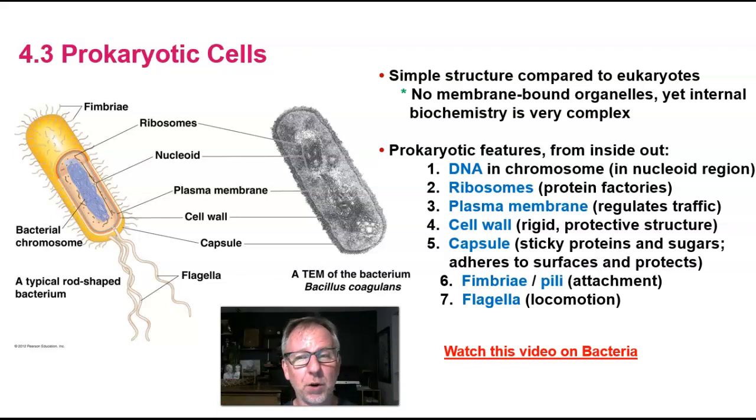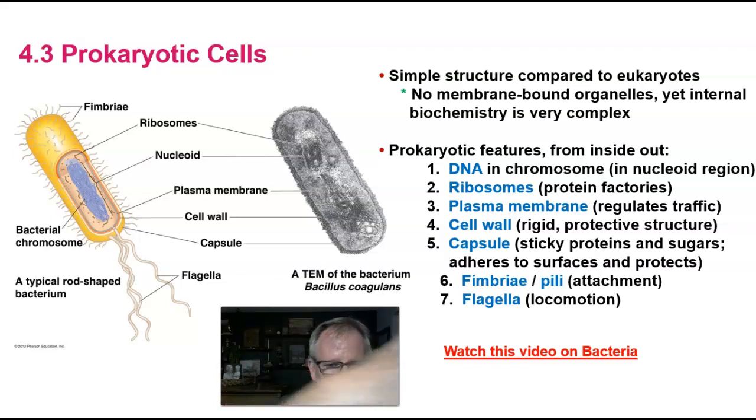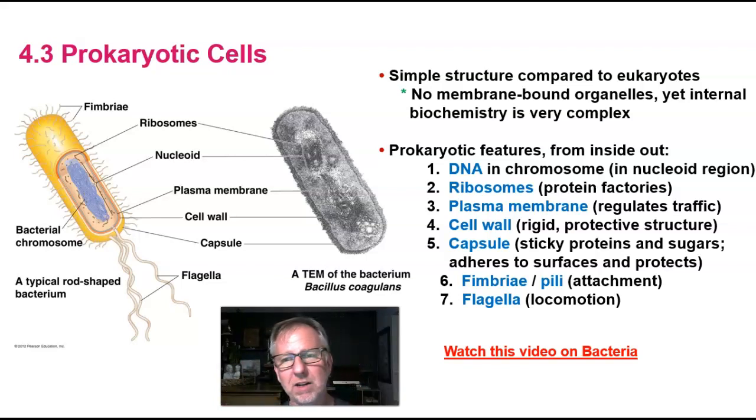In your book, they're called pili or pili. And they are used for attachment, for sticking to things. And then finally, the last thing listed here, flagella. Flagella are very long, hair-like things, and they spin around. They're like propellers, and they help bacteria swim through the water. So those are flagella. Not all bacteria have flagella, but those that do are able to swim and move.